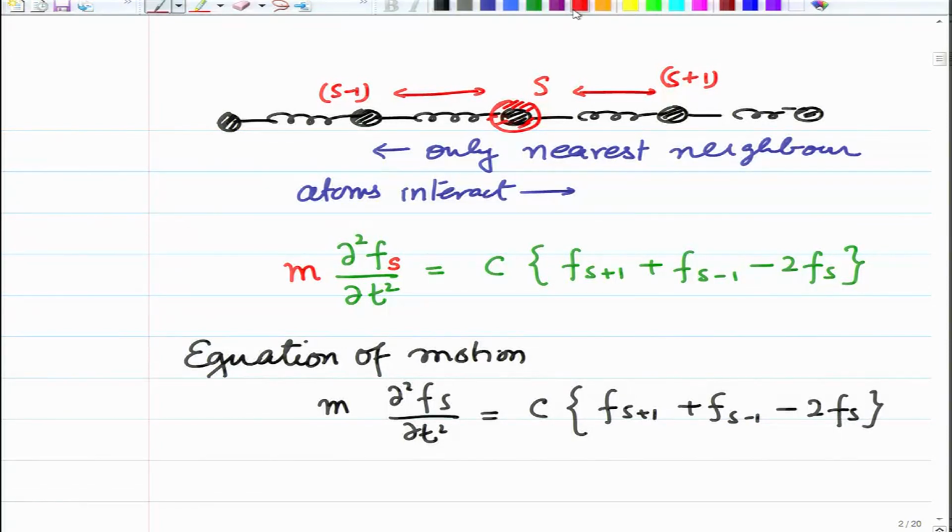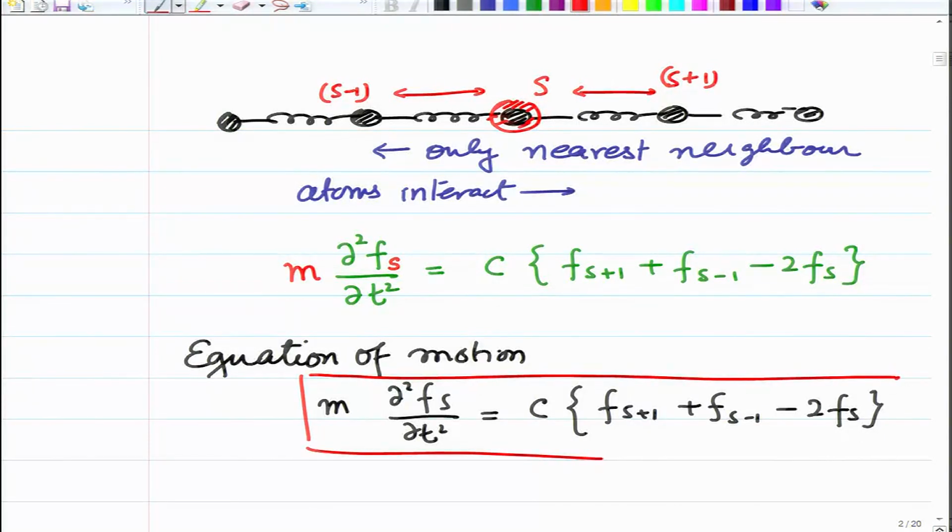This is the equation of motion. All atoms are identical, they are interacting only with nearest neighbors, and then this becomes the equation. And I had also arrived at this equation through the finite difference formula for the second derivative. I would urge you to go back and look at the first lecture.